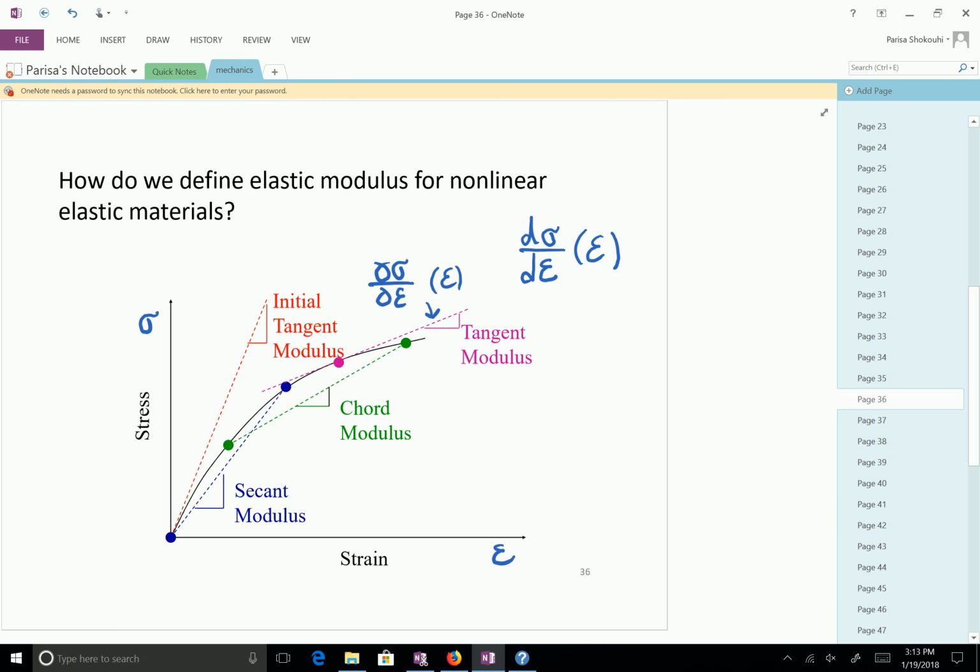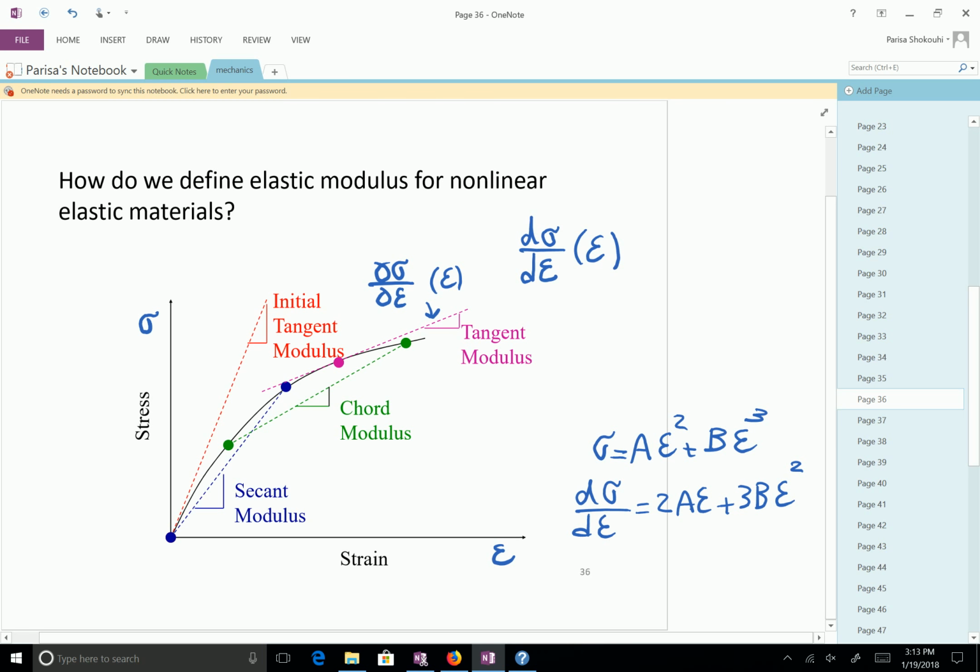It's when you differentiate. So if I have sigma as a function of strain, then the derivative means something like that, right? That's what I mean. And this is actually your tangent modulus.